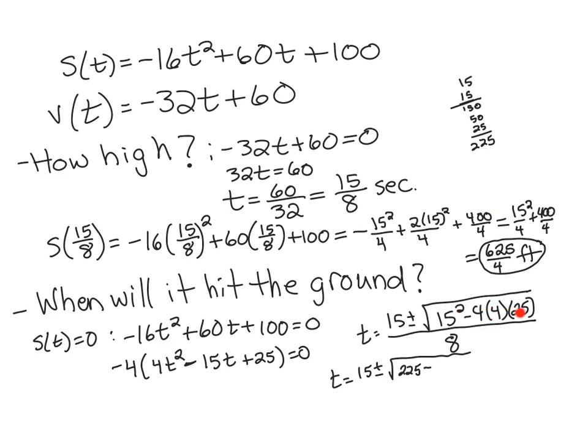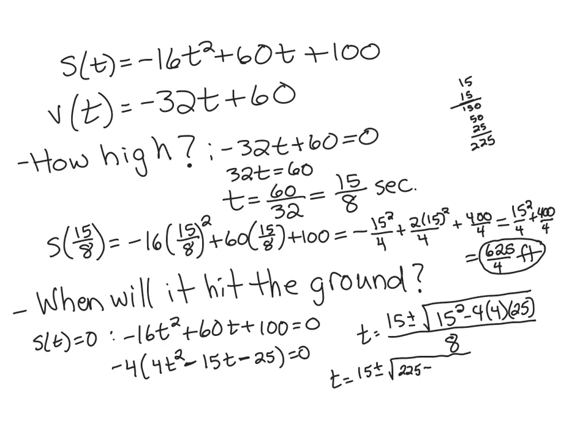This can't be minus. So I have to go back and see where I made a mistake. I pulled out a -4. That's a minus. That should be a minus. So learn from my mistakes, guys. This is a negative. That makes this 25 in here a negative.